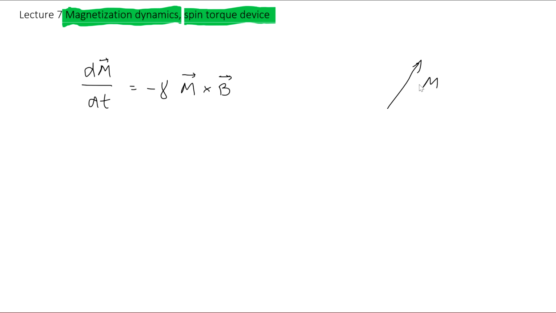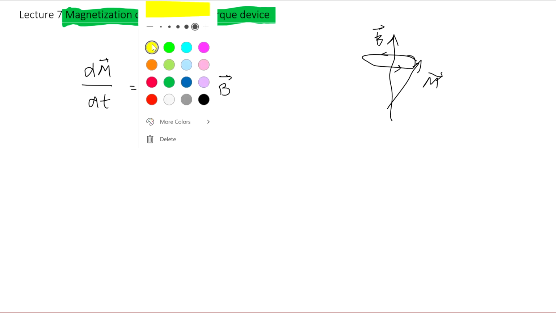So if you place a magnetic moment in presence of magnetic field, what will happen is that it will start precessing. And the way it moves in presence of magnetic field is described by this Landau-Lifshitz equation.